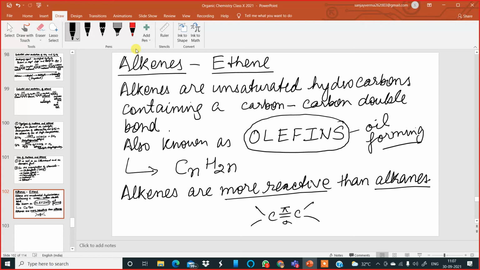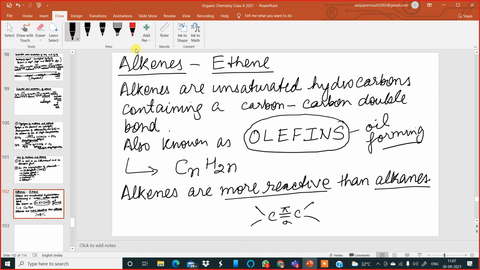Remember that. What are alkanes also known as, which I discussed in the previous classes? Alkanes are also known as paraffins. Paraffins mean low reactivity, less reactive.